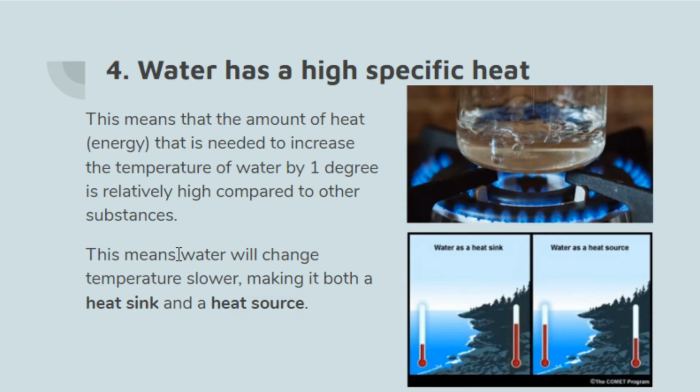So it would actually cool down everything around it. And in the winter, you would have the land getting really cold, and then the ocean would still be fairly warm from summer, and it would actually start giving off heat towards the land. And that would be a heat source. So a heat sink is when it takes up heat, it starts absorbing heat, and a heat source is when it gives off heat.